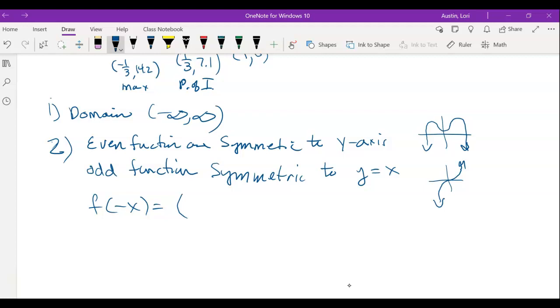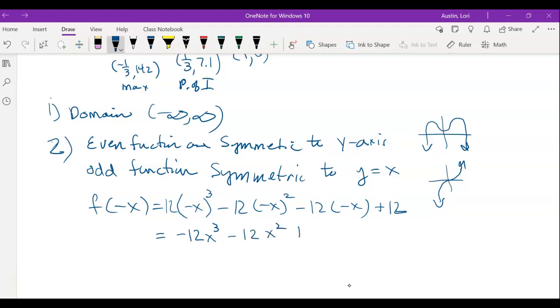So it's 12 times negative x cubed minus 12 times negative x squared minus 12 times negative x, which would give me, so here's how it works. A negative value cubed remains a negative value. But a negative value squared becomes positive.